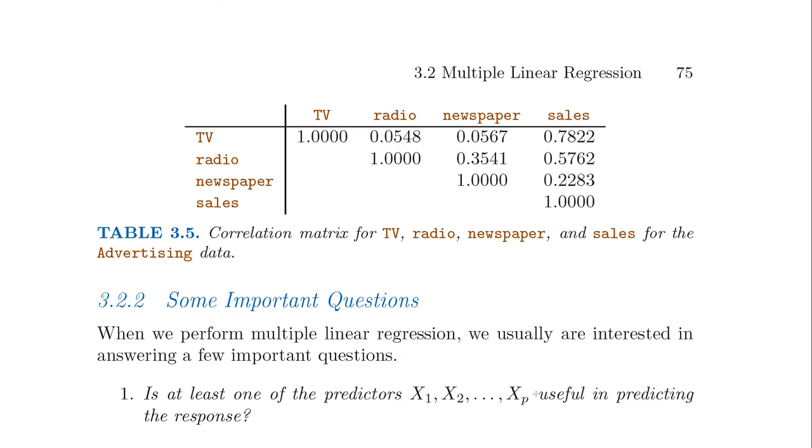You're taking the 200 observations and you're saying, let's look at radio against newspaper. It's 35%. But that 35%, what does it mean? Well, I like to think of it this way.